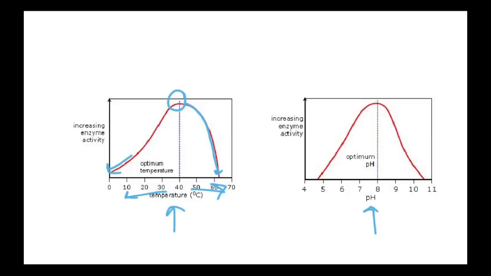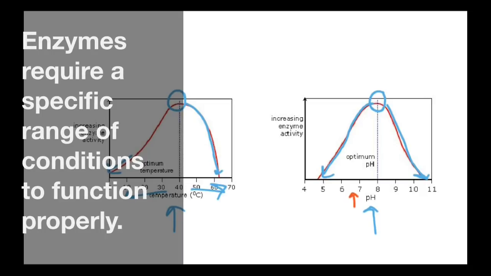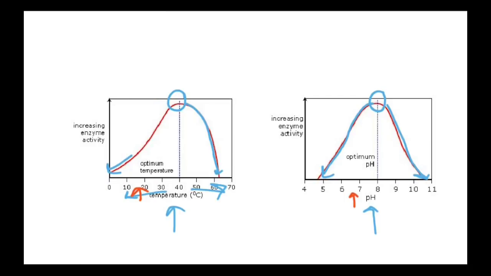Same thing with the pH. Right here is the optimal pH point, and as it changes, as it deviates from that optimal point, the enzyme isn't as effective. So what you can see is that enzymes require a very specific range of conditions to function. Even just a small decrease in pH or a small decrease in temperature drastically changes how fast a reaction can take place.